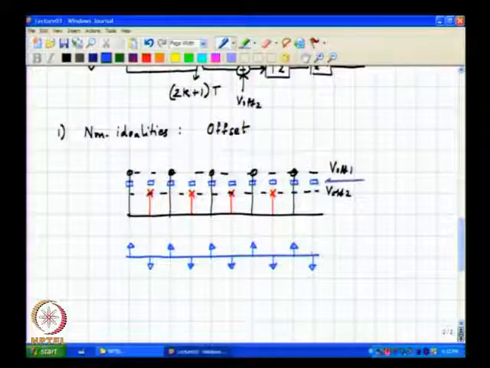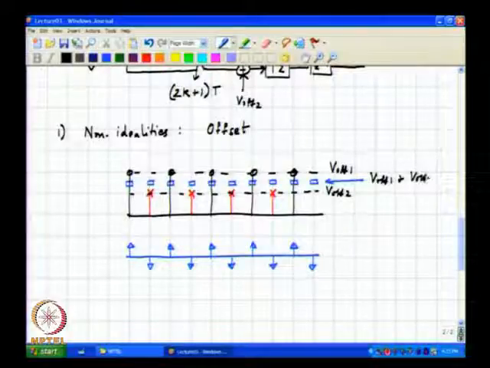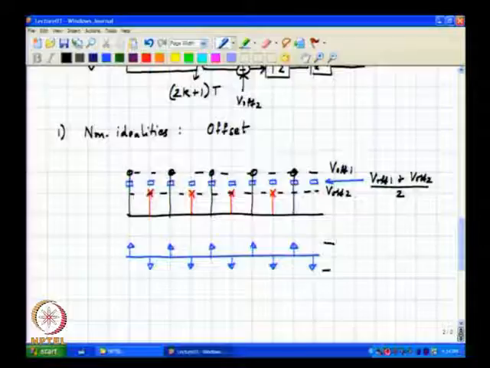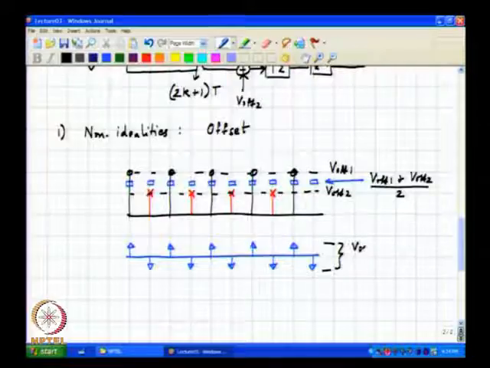This is the average, which is V offset 1 plus V offset 2 by 2, and the amplitude of this sequence, which as we can see is periodic with a period of 2 samples, has a peak to peak amplitude of V offset 1 minus V offset 2.